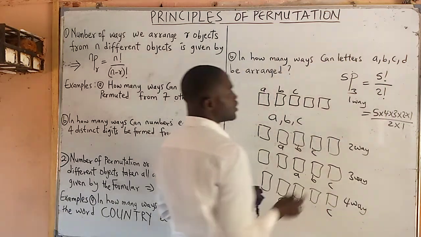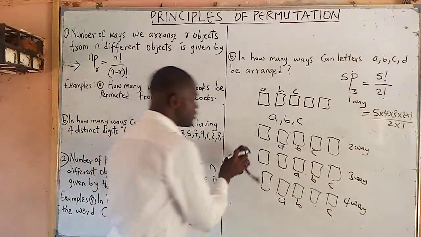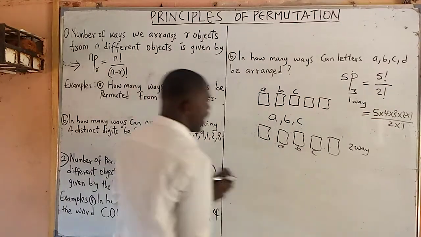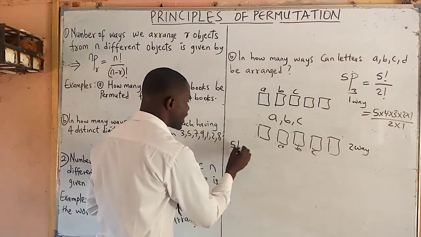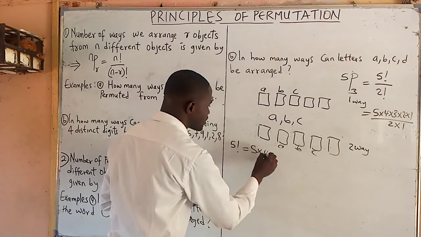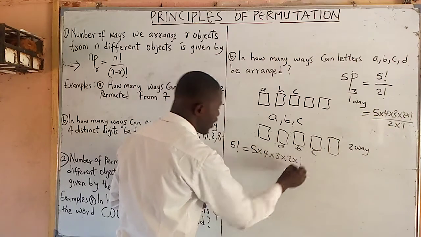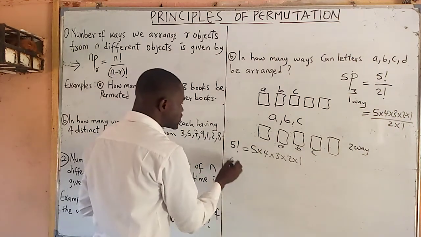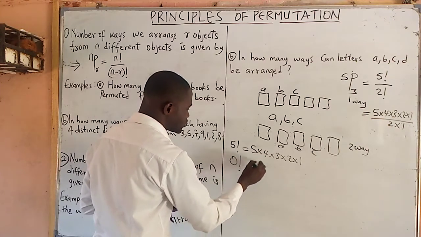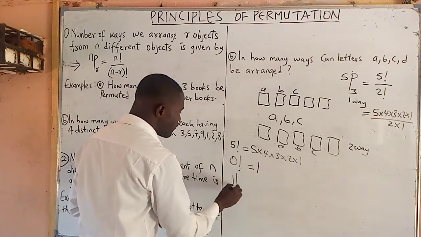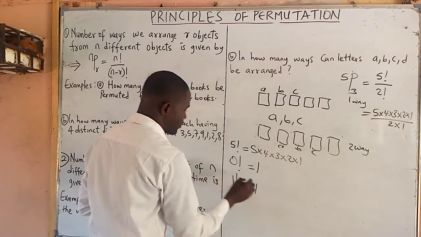Now how do we know this? Please note that when you have 5 factorial, it simply means 5 times 4 times 3 times 2 times 1. When you have 0 factorial, the answer is 1. When you have 1 factorial, the answer is 1.